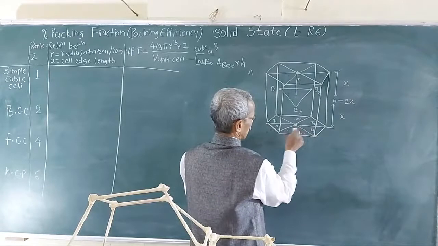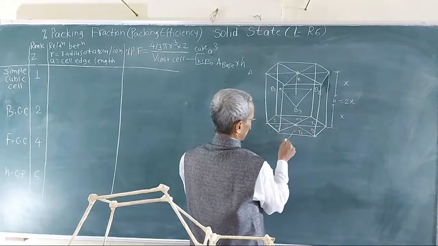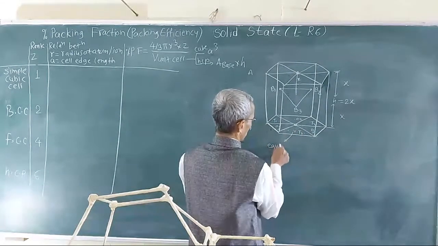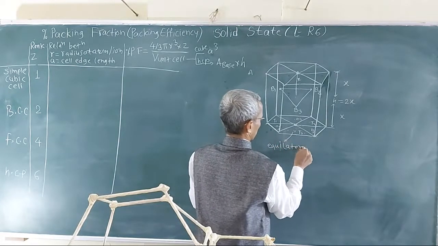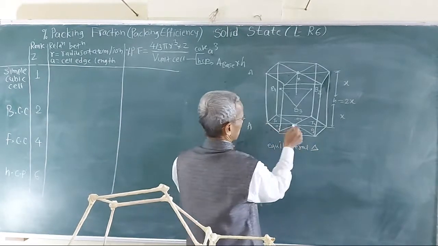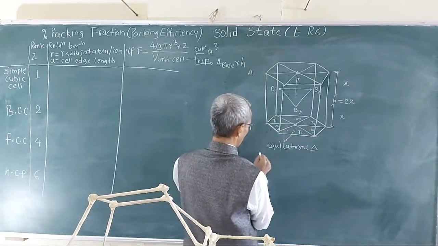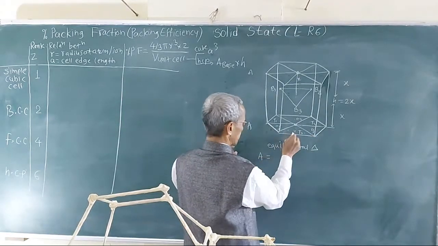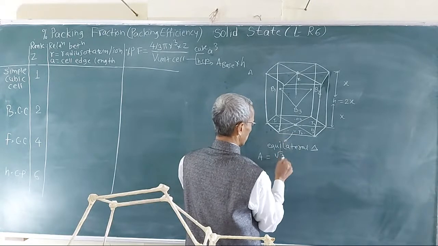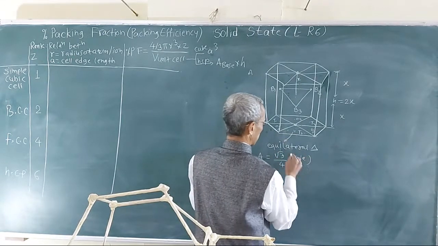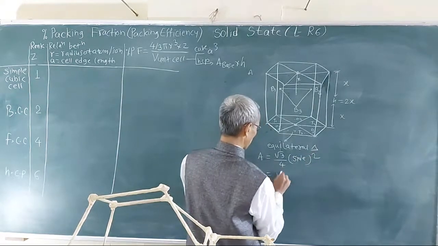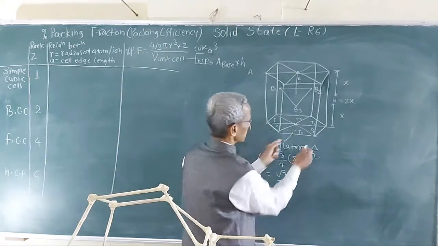Now consider one of the triangles. This is an equilateral triangle. The area of an equilateral triangle is given by square root of 3 by 4 times side squared. So what is the side?